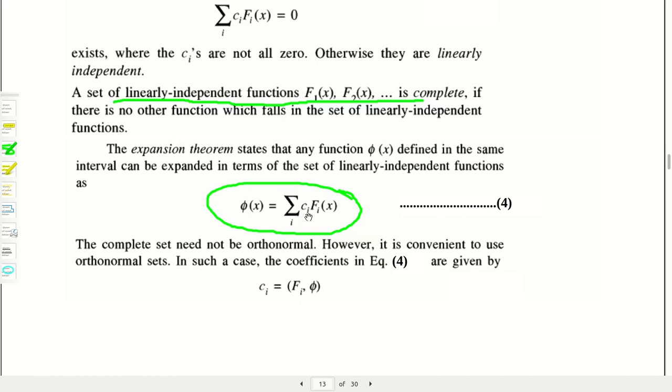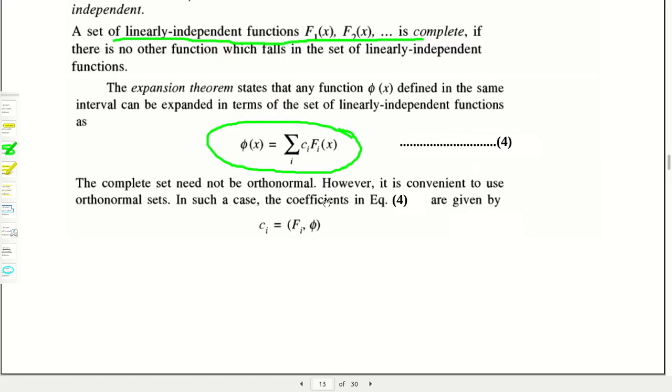So this is called the basis set expansion of any function in terms of orthonormal linearly independent functions fi. And now ci can be found from equation number 4.